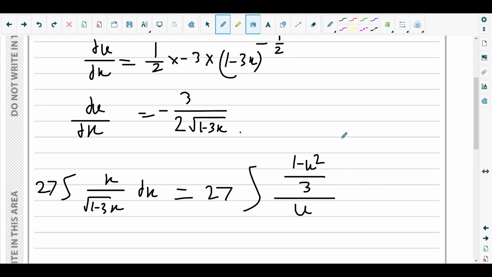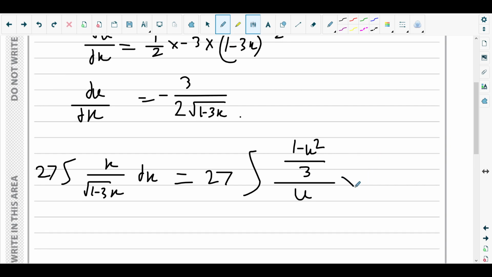And how can dx be written? Negative 3 over 2u is du over dx. So dx can be written as du over dx times what? I think it should be inverted. It should be inverted, so dx can be written as dx over du times du.